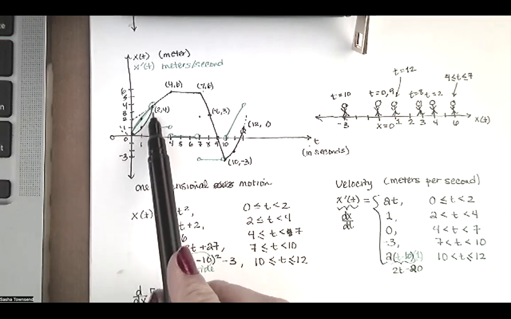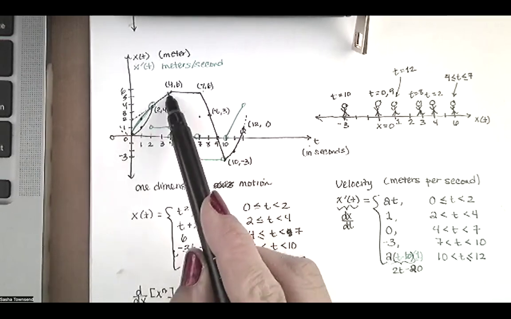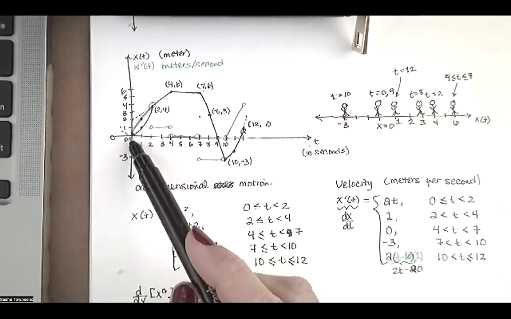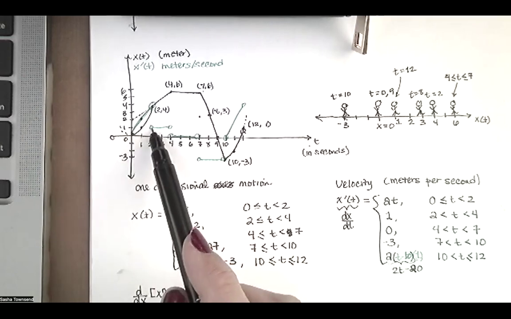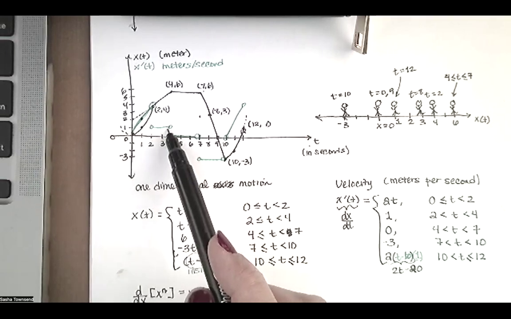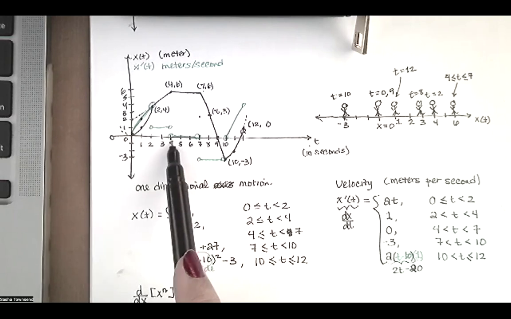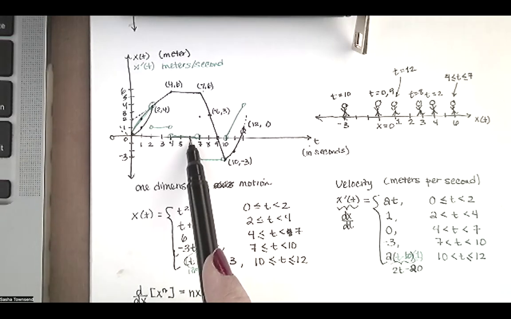And so we get this, and then we have sort of a sharp corner. At this point, our velocity changes from this 2t to just a velocity of 1 meter per second. So imagine we're just moving at 1 meter per second the whole time. And then from here to here, we're not moving at all. The velocity is 0 meters per second.